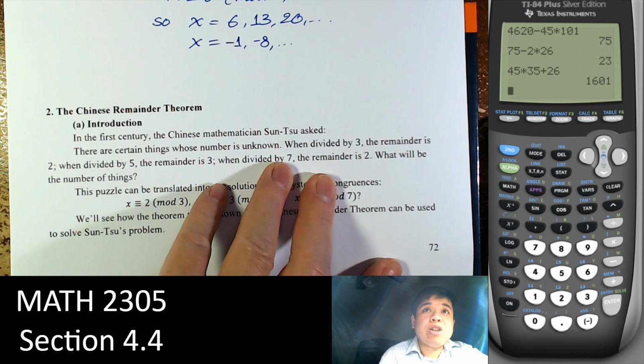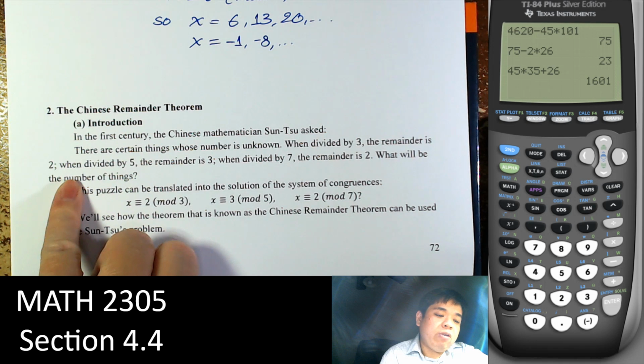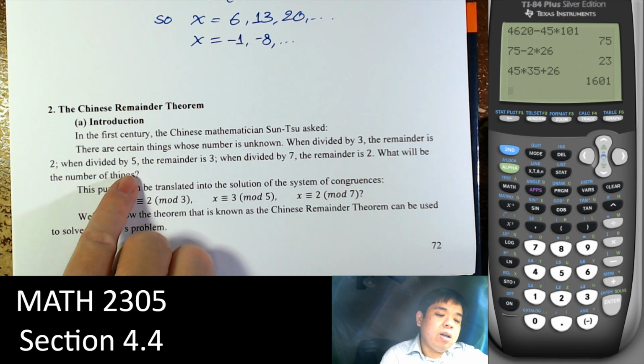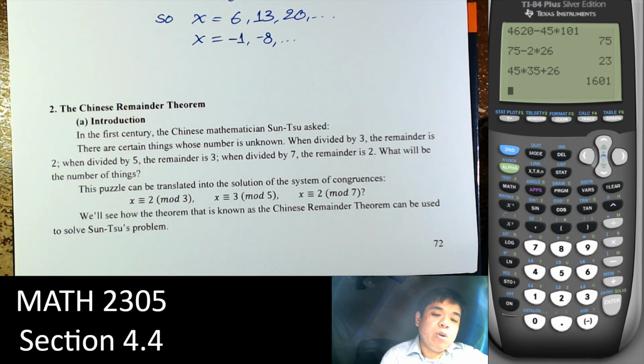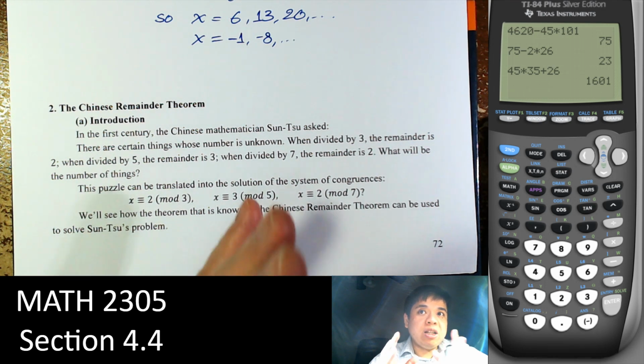So we try to find something, right? When divided by 3, the remainder is 2. When divided by 5, the remainder is 3. And when divided by 7, the remainder is 2. What will be the number? So I did mention that he is a great general.